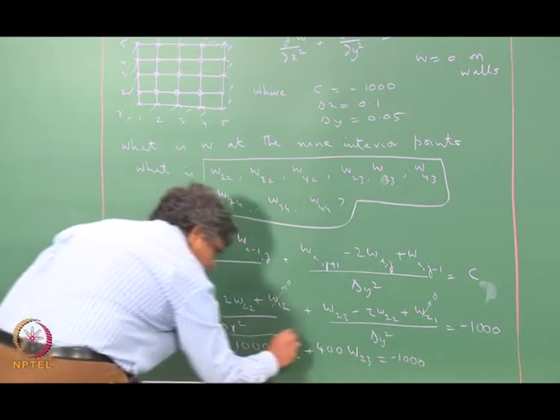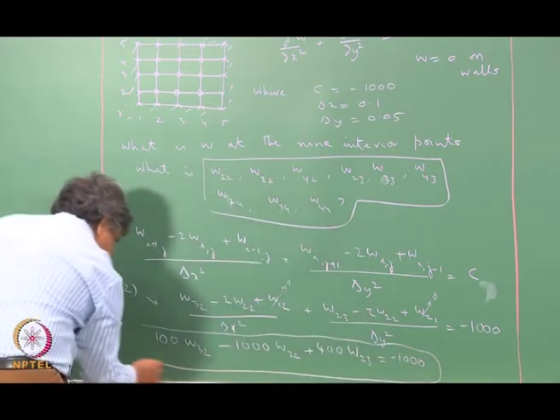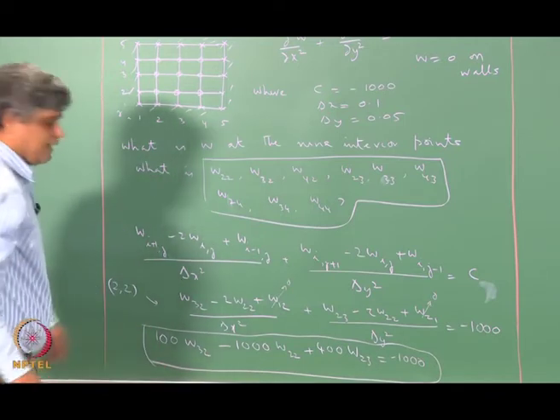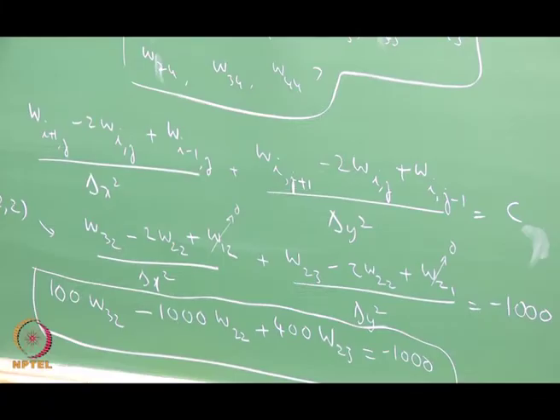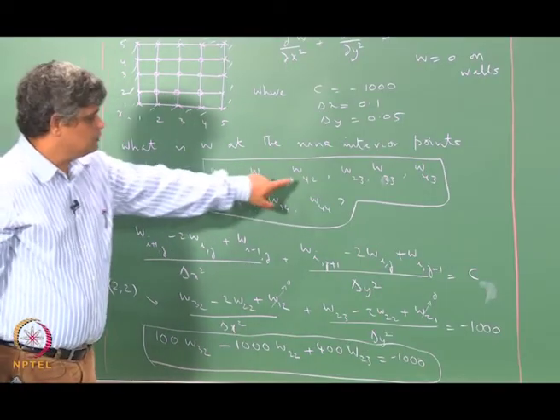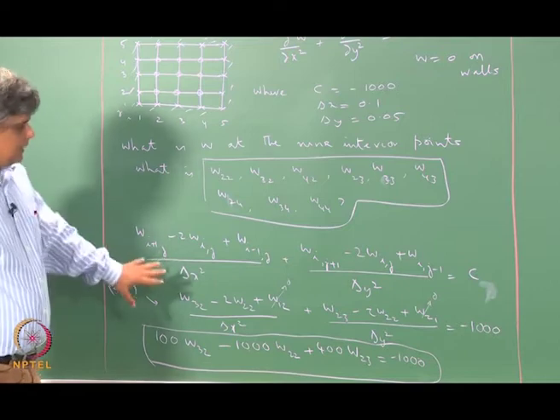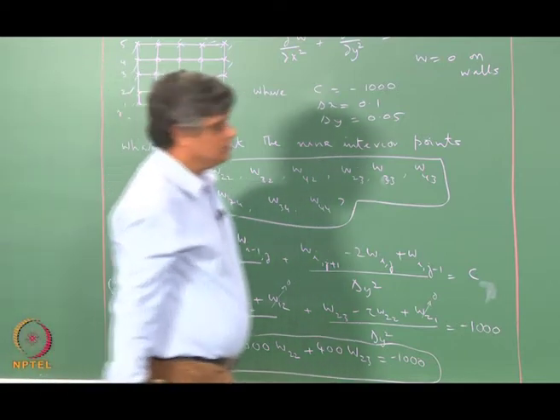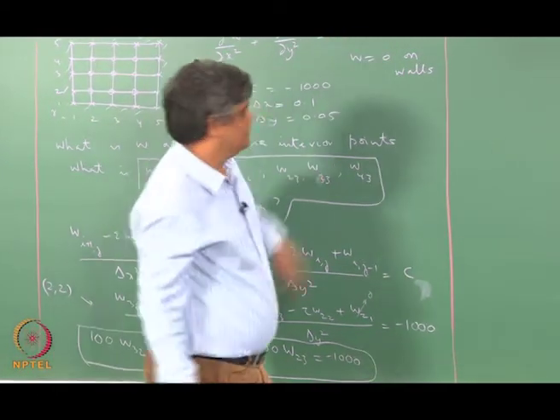So this is the equation we have for 22. Let us go on and write down the same thing for 32, 42 and all these things. I would like you to do it on your own, but we will also do it here.